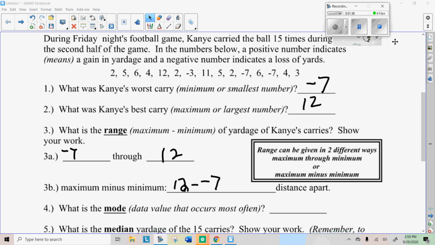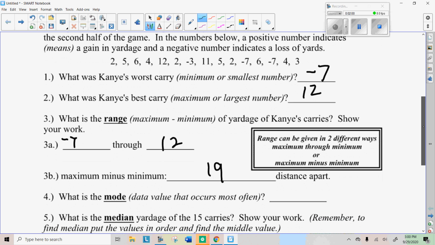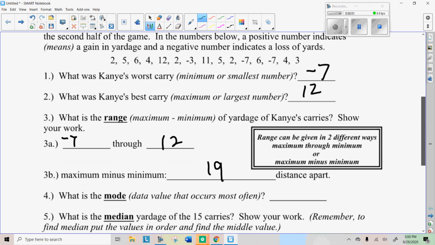Now, another way to show the range is by giving the value of the maximum minus the minimum, which would be 12 minus -7. That would equal 19, right? 19 apart. So there's 19 between his max carry and his minimum carry, highest and lowest.